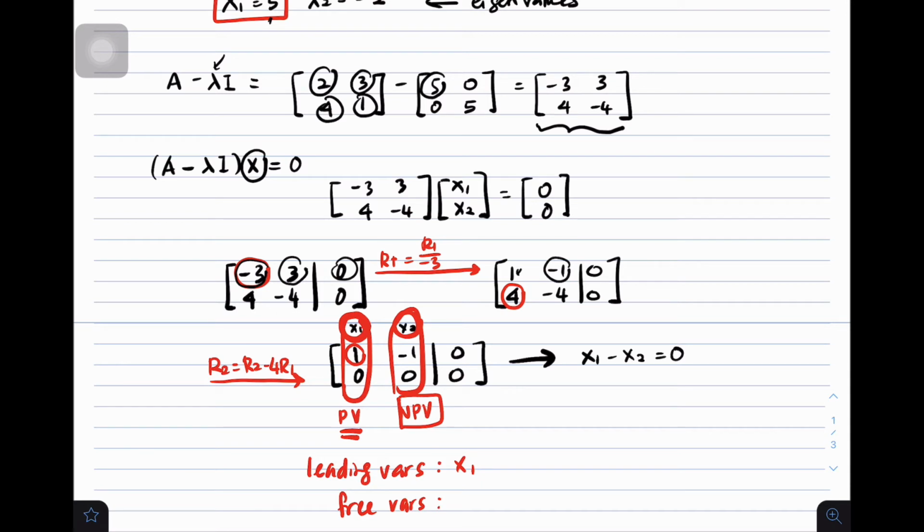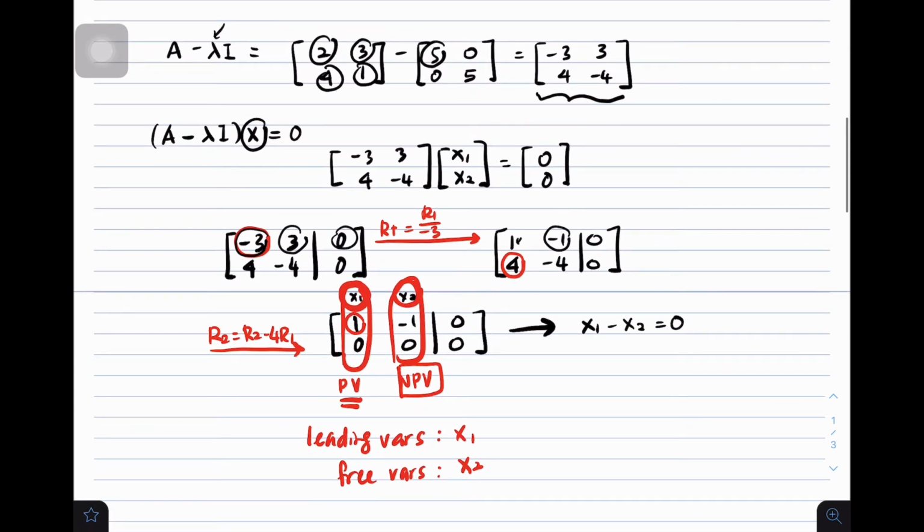So our free variable is x2. So in solving our system, we will let our free variable be equal to t. So let x2 equal t. Therefore, from here, you will have x1 minus t equal to 0. So your x1 is equal to t as well.